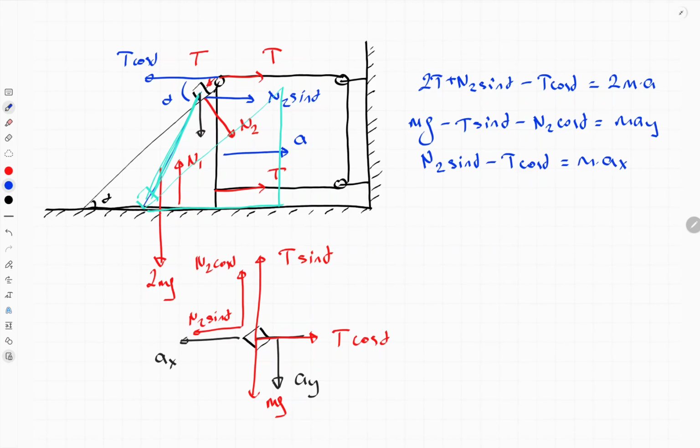We need to come up with extra equations. Now we know that we need more equations, and these equations, we believe, are a relationship between A, AX, and AY, a relationship between accelerations, which is basically kinematics. So let me draw it here.